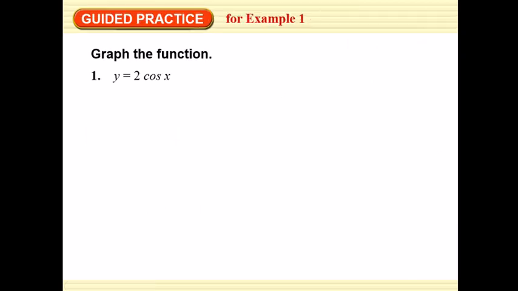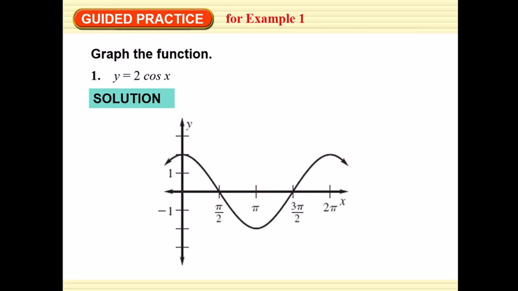So here's some guided practice. Feel free to pause the video and see if you get a similar picture. Make sure that you are labeling your x-axis here. Since it's cosine, it does not start at the origin.